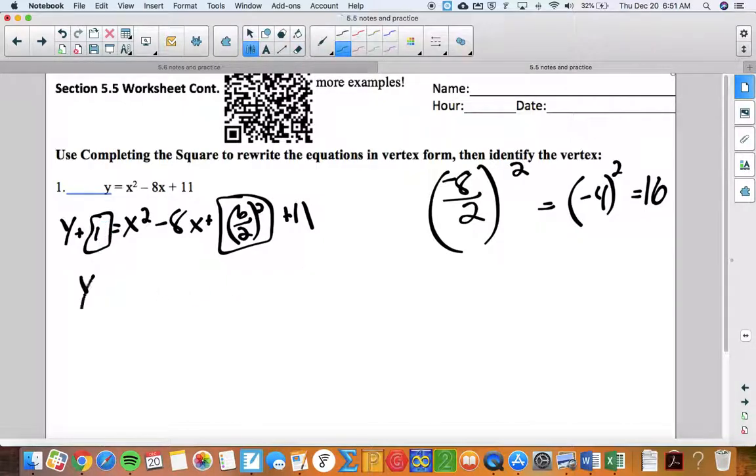So I'm going to go y plus 16 equals x squared minus 8x plus 16, and then don't forget to add the original plus 11.